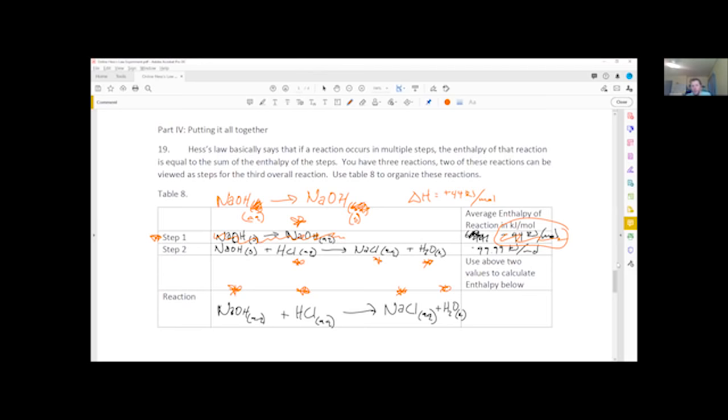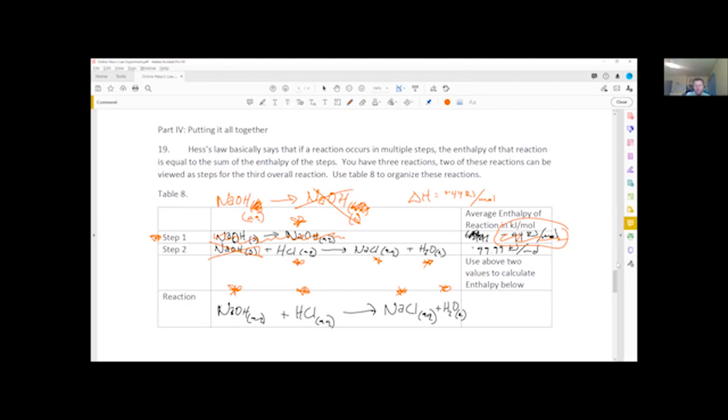Because now what we can do is combine step 1 and step 2. If something is a reactant in one step and is a product in the other step, effectively, we can cancel it out. So I'm going to cancel out sodium hydroxide.